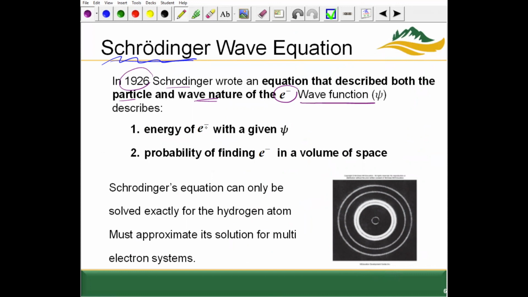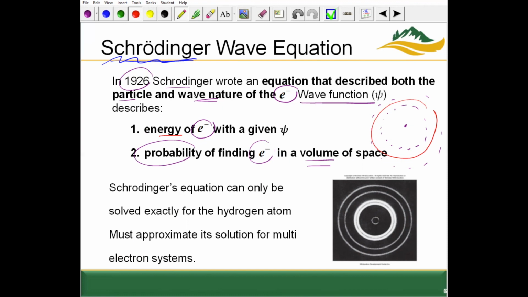This describes the energy of the electron and the probability of finding an electron in some set volume of space around the nucleus. What is the probability, for example, of finding an electron within this circular volume? What is the energy of the electrons?